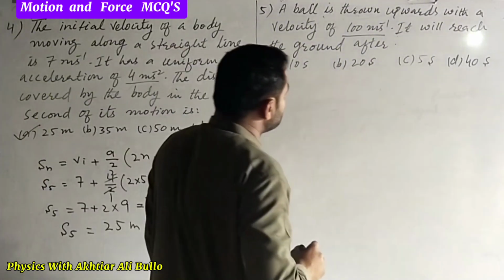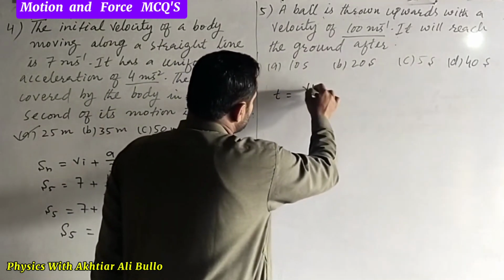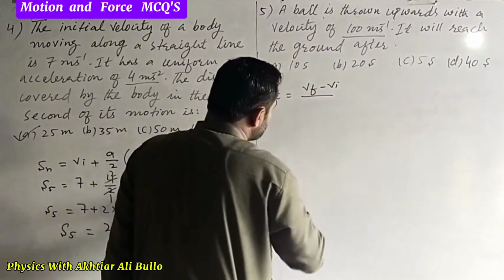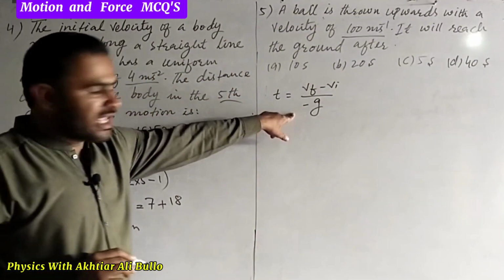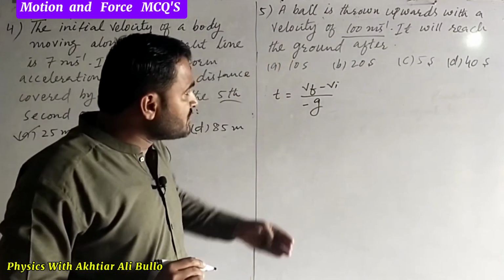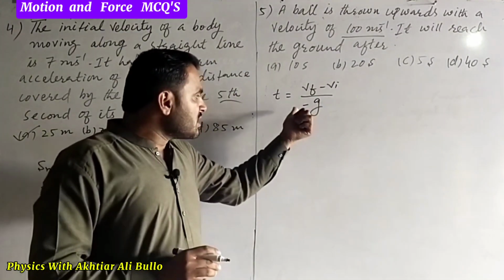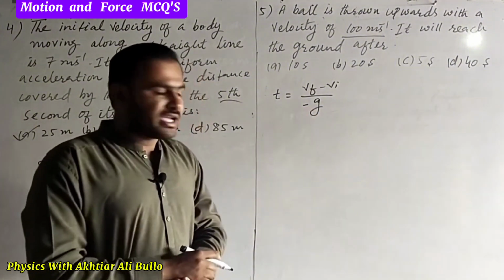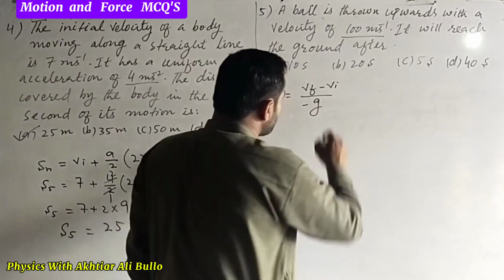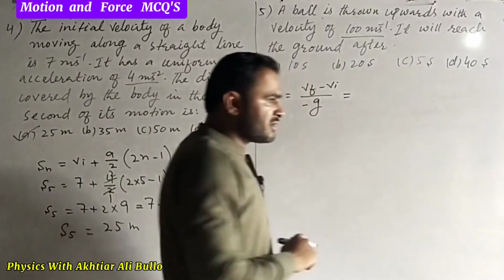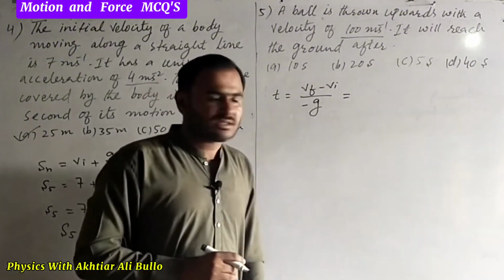To calculate the time, we will use the formula T is equal to Vf minus Vi upon minus G. We will take G negative because the ball is thrown in the upward direction. That's why we will take G as negative. So here the final velocity is 0, which means when the ball attains maximum height then it will come to rest.